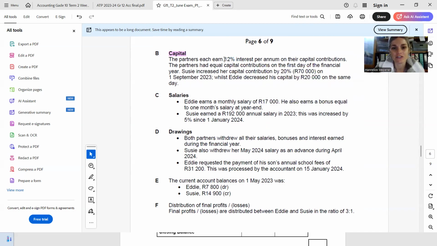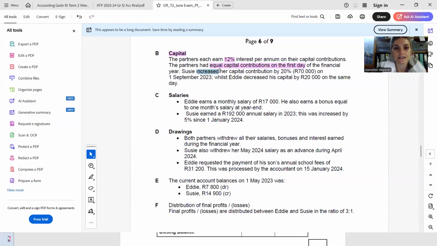Each earn interest on capital at 12% per annum. And the partners had equal capital contributions on the first day of the financial year. So in other words, they both earned the same interest on the first day of the current financial year. However, then Susie increased her capital contribution by 20%.